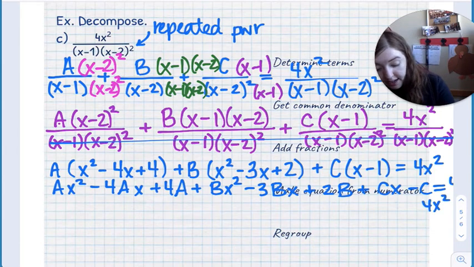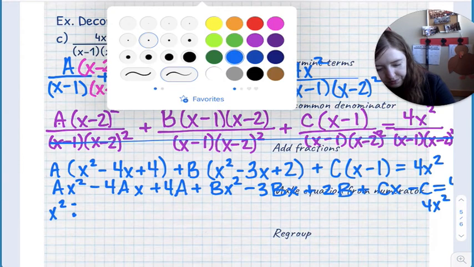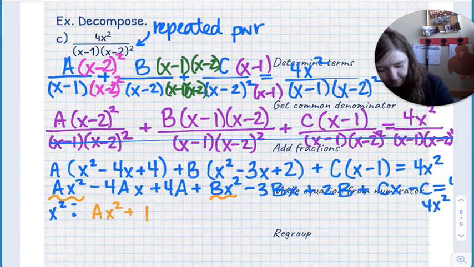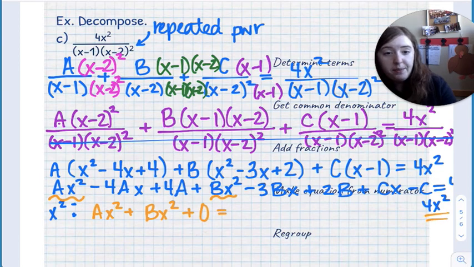So now we'll make an equation out of my x squared stuff. All right, so I have an ax squared and I have a bx squared. I don't have a cx squared, so I'm going to put a 0 in there. And that should be equal to 4x squared.